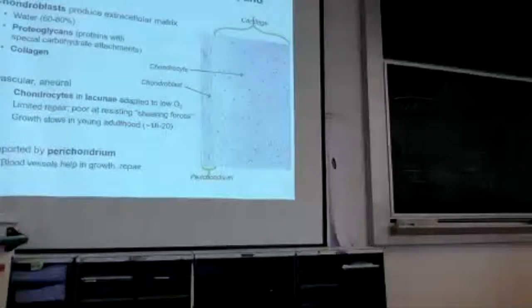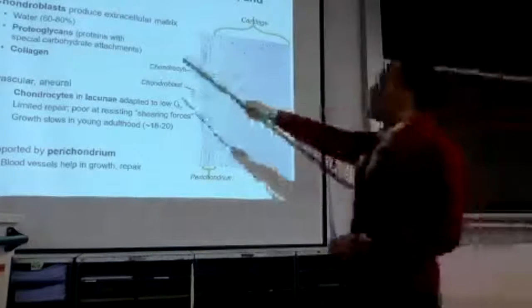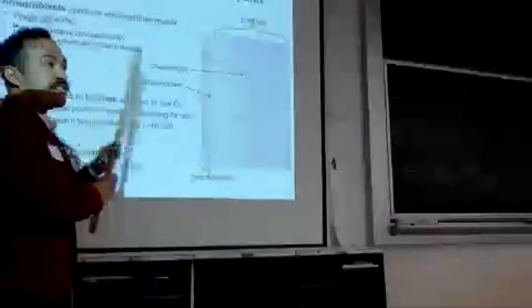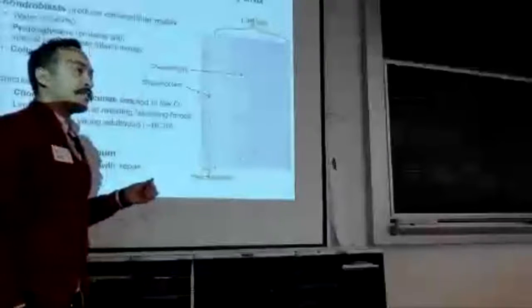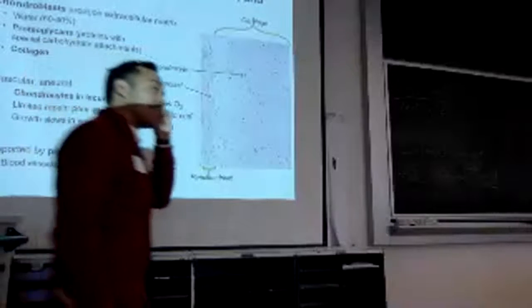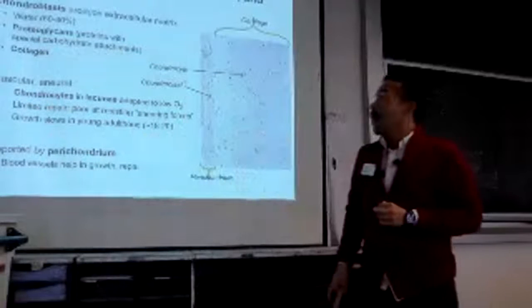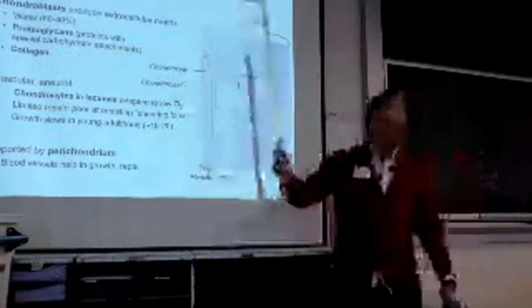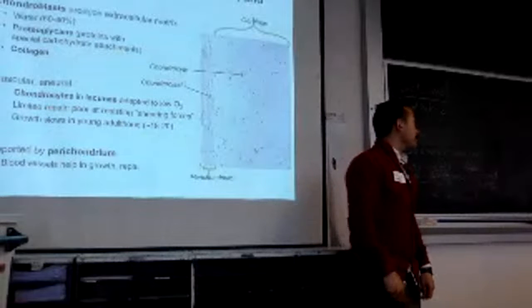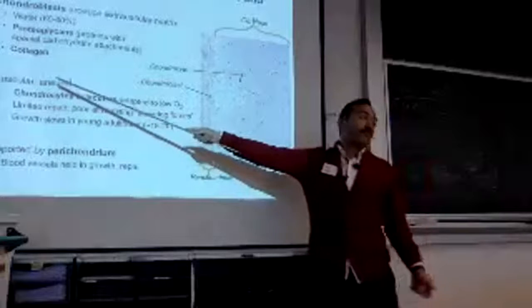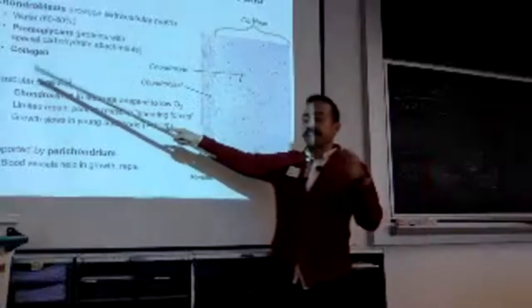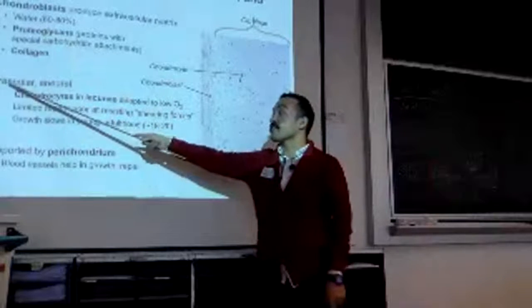Proteoglycans are another protein with carbohydrates attached to it, and they make cartilage compress better. It gives it cushion. Unlike the dermis of skin, and similar to the epidermis, cartilage does not have any blood vessels.